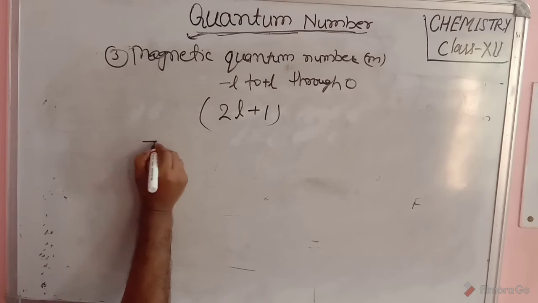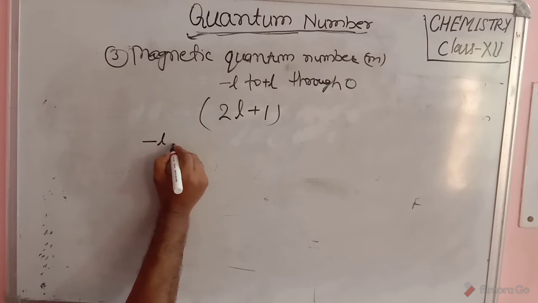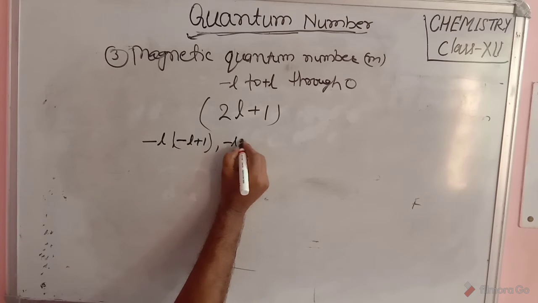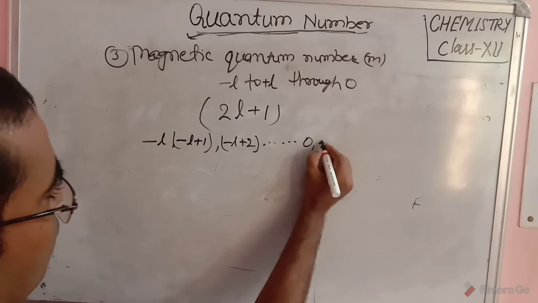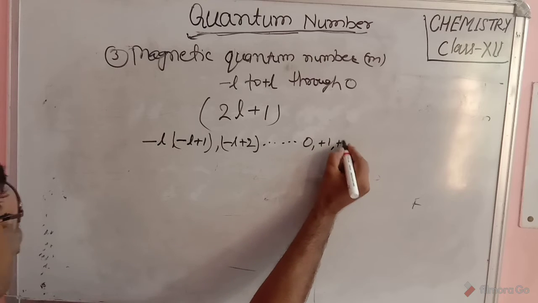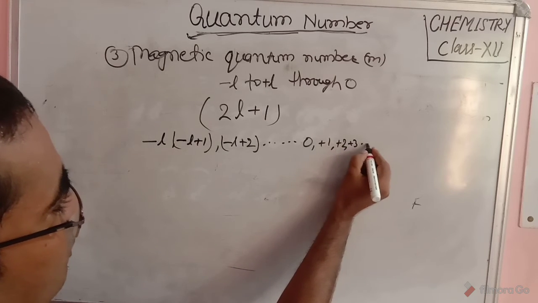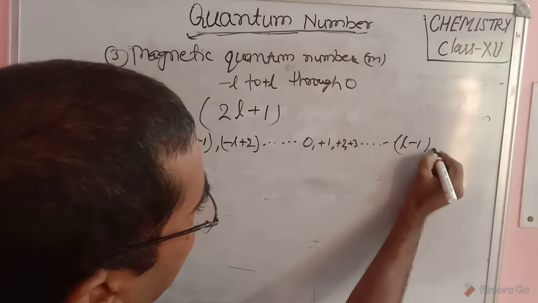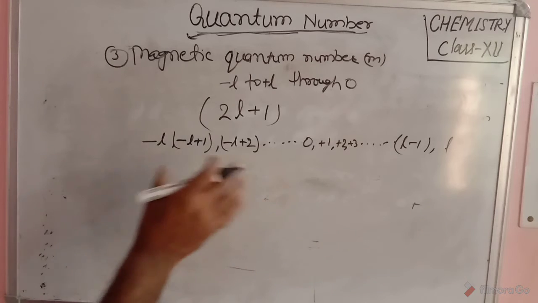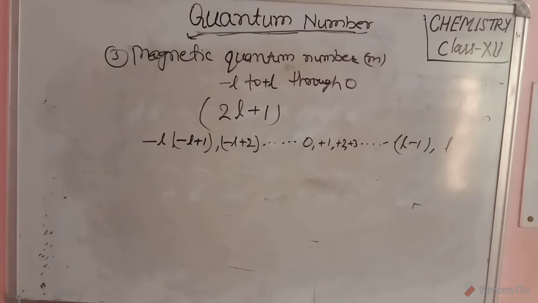It means it's minus L, minus L plus 1, minus L plus 2, and so on, 0, plus 1, plus 2, plus 3, and so on, L minus 1 and L. It means the value lies between minus L to plus L. Each m value corresponds to a specific orientation of the orbitals in space.